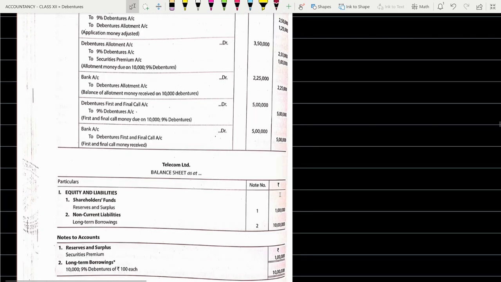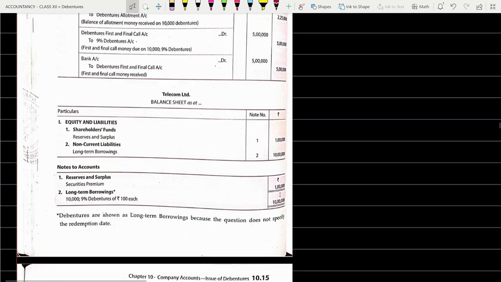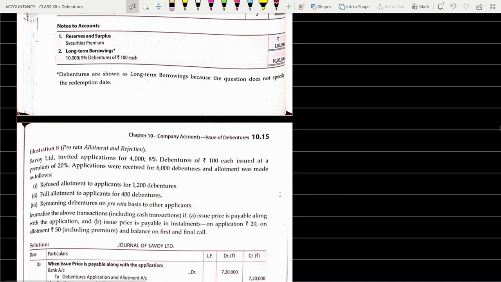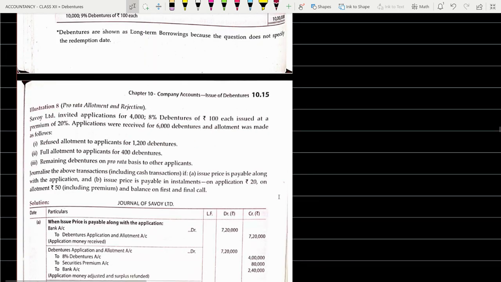Okay, right. So moving on to the next segment, that is question number 8. Here it's the same oversubscription case where pro rata allotment was used to allot the debentures. Savoy Limited has invited applications for 4,000 8 percent debentures of rupees 100 each, issued at a premium of 20 percent.